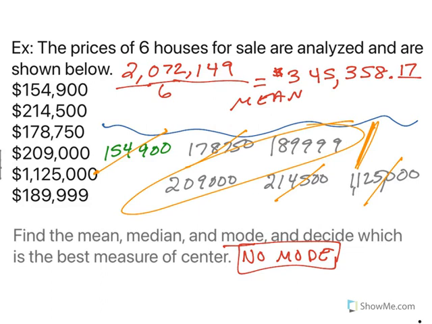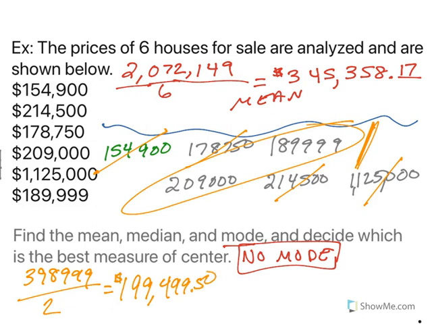So if I add 189,999 plus 209,000, I get 398,999, and I'm going to divide by 2 because I want the average of those middle 2, and I get $199,499.50. So that is the median.